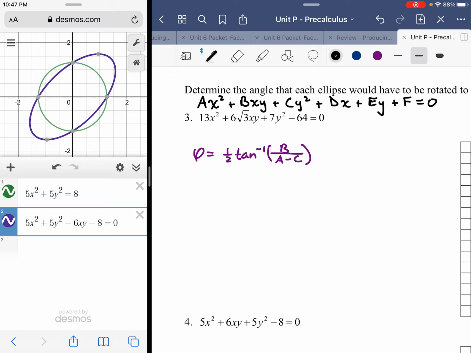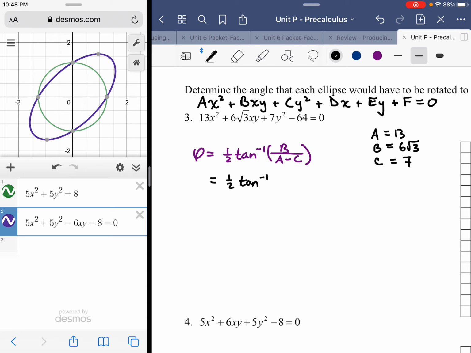So the idea there being that if there was no rotation, that would just zero out. So, like old school quadratic formula thinking, you identify your a, b, and c values. A would be 13, b would be 6 radical 3, and c would be 7.